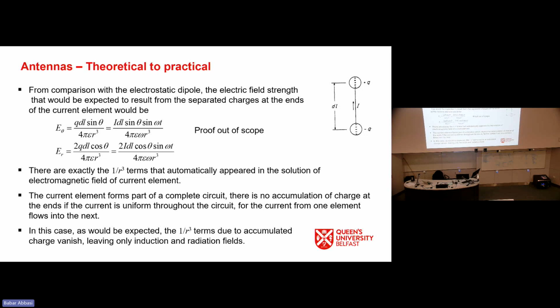What is r? r is the distance of observation from the origin, right? r is distance of observation from origin. So this equation has everything that we already know, we are comfortable with. Okay, I'm not going to ask you to prove this equation because it's out of your scope, but this equation is making sense.